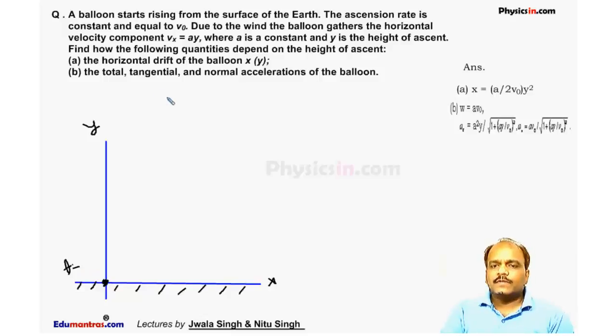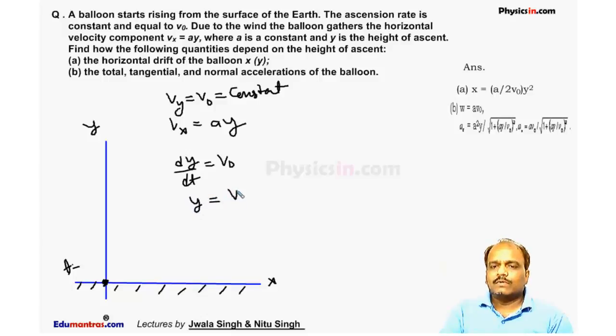As it is given that vy is equal to v0, and it is constant, and vx is equal to a into y. Now from here we can say vy, that is dy by dt, is equal to v0. So we can say y is equal to v0 into t. This is the first expression.